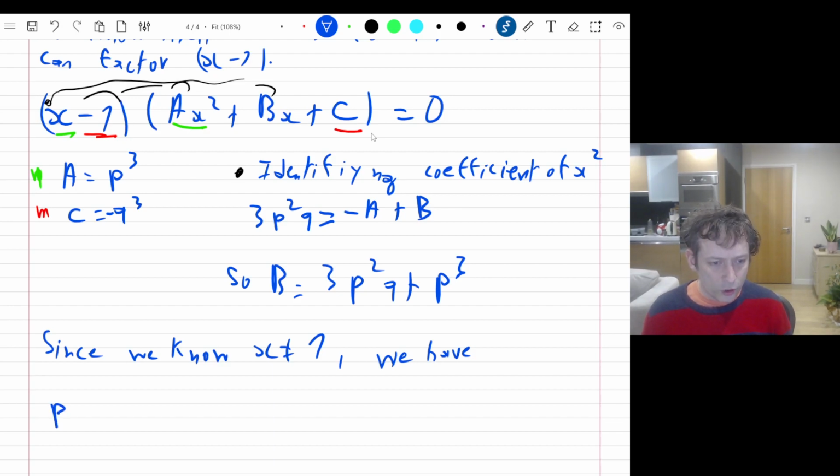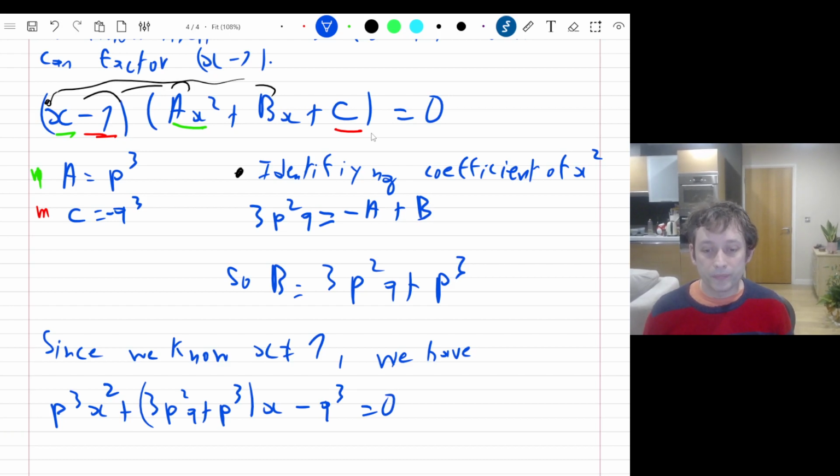So p cubed x squared plus 3p squared q plus p cubed x minus q cubed equals 0. So that's a quadratic. We can solve it, it's fine.